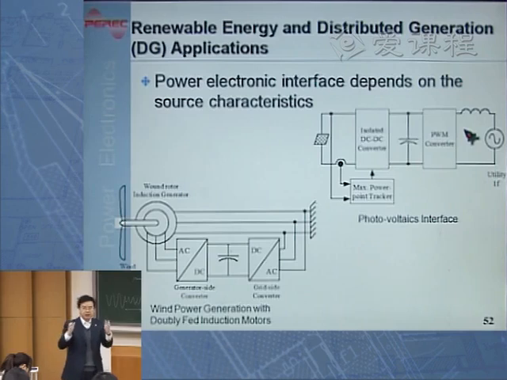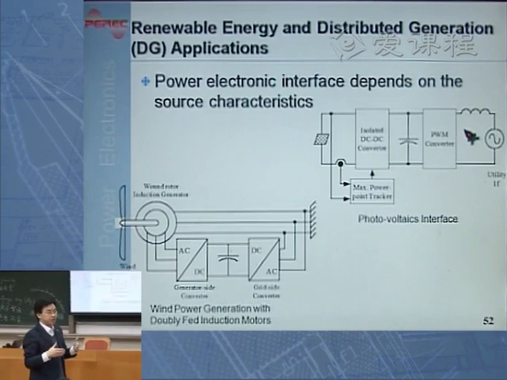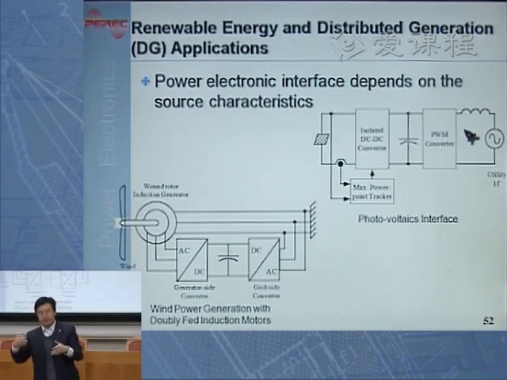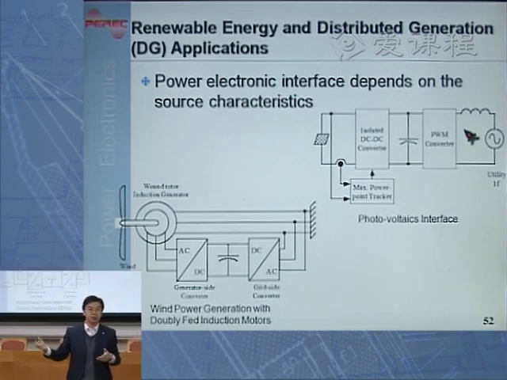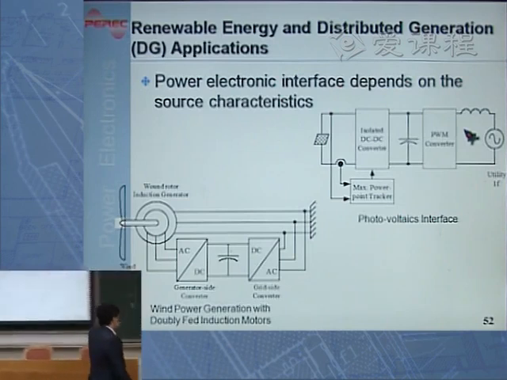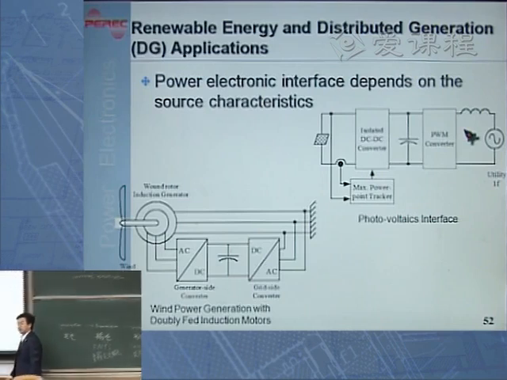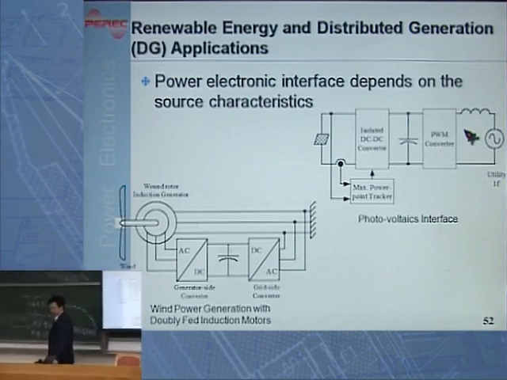So for a lot of alternative or new energy sources, the electricity they generate has to be converted through a power converter to the form of electric energy that can be interfaced with the utility grid or utilized by the user. Therefore, in the generation stage, you also need power converters, and more and more power electronics has to be used.